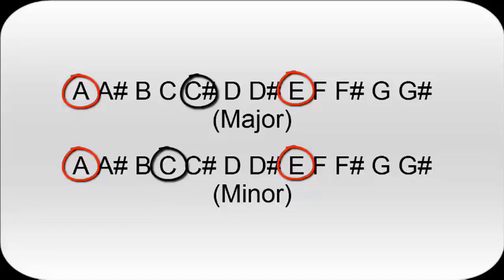If you remember, when we were talking about intervals, we pointed out that the 2, 4, and 5 remain consistent between major and minor scales as long as they start on the same root note, in this key, A. This is also reflected in these chords. The spacing in the chords gives it its flavor.